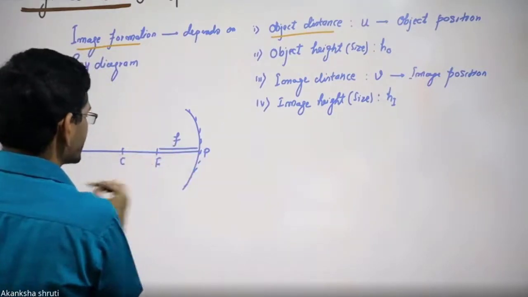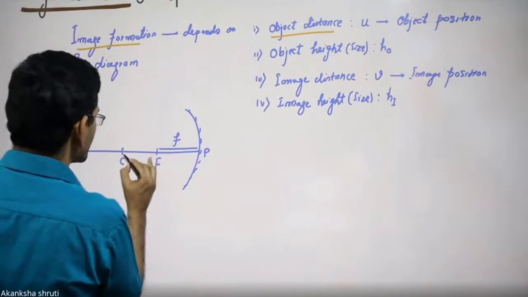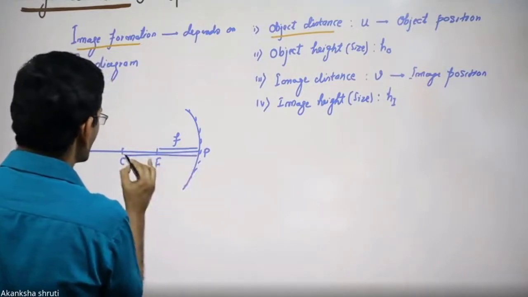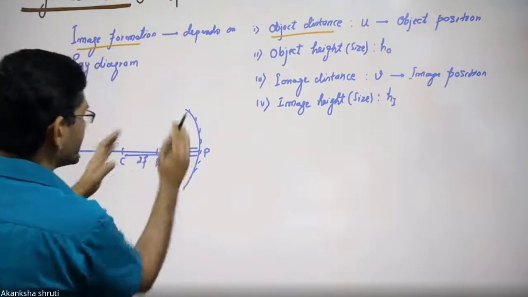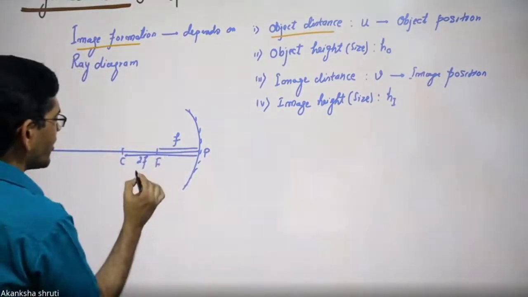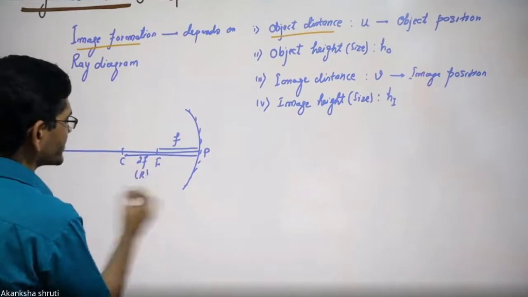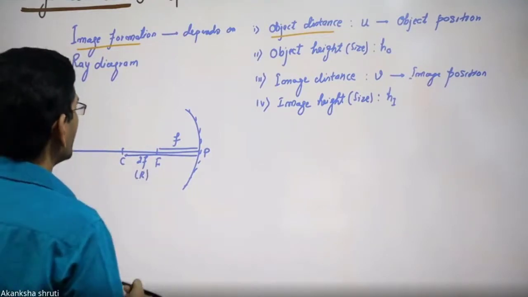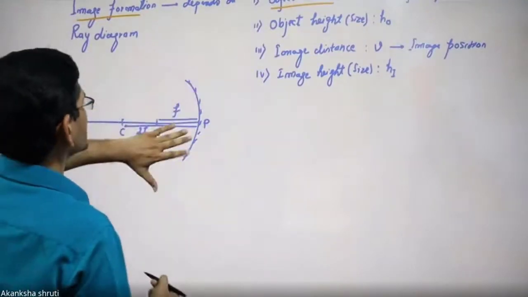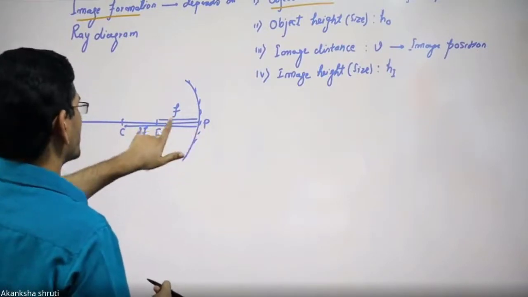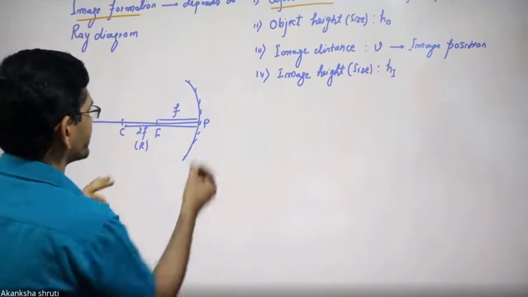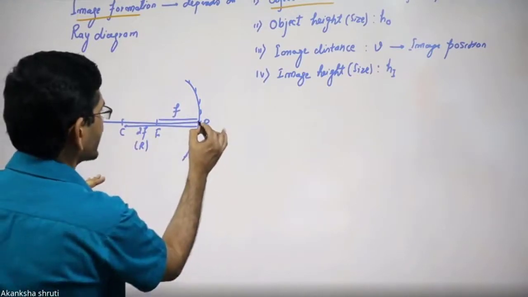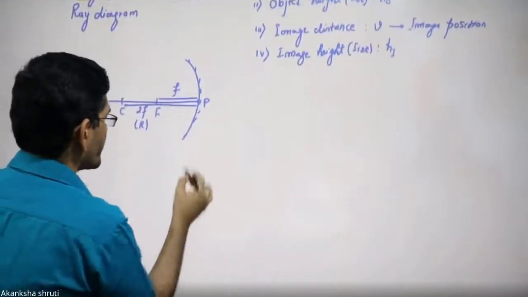Similarly, the center of curvature, denoted by R or 2F for a small aperture mirror, is the radius of curvature R. So the pole, focal length, and radius of curvature are known to us. Here the focal length and radius of curvature are all taken from the pole.